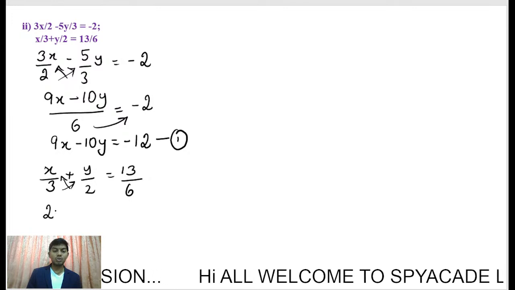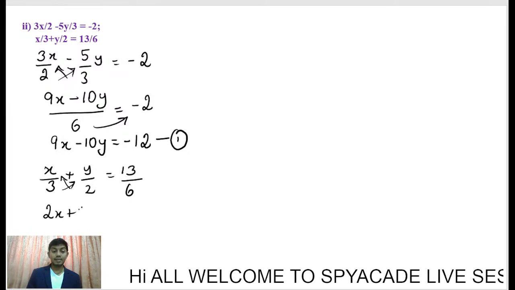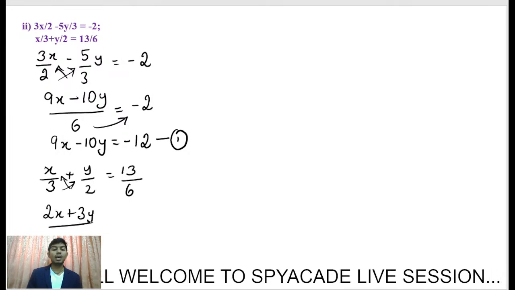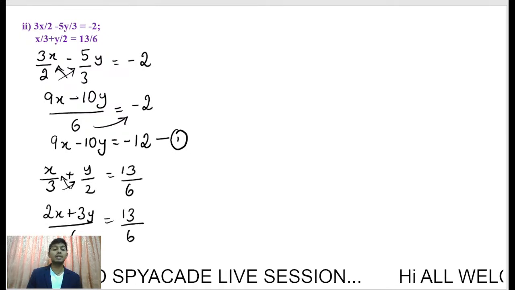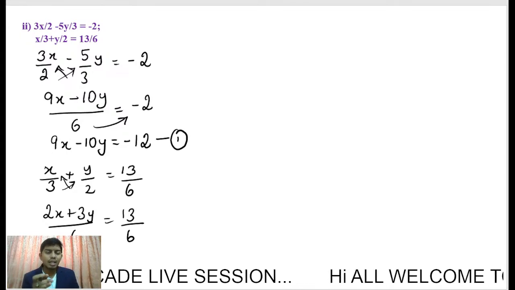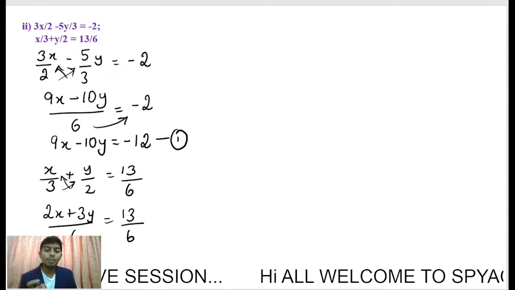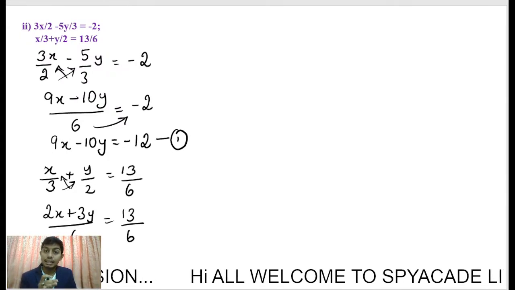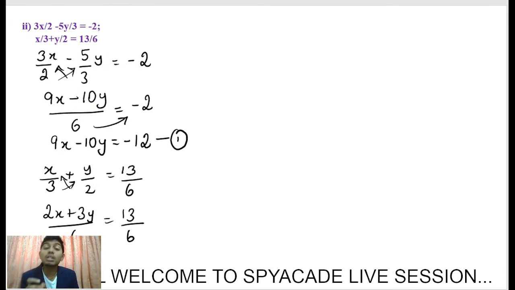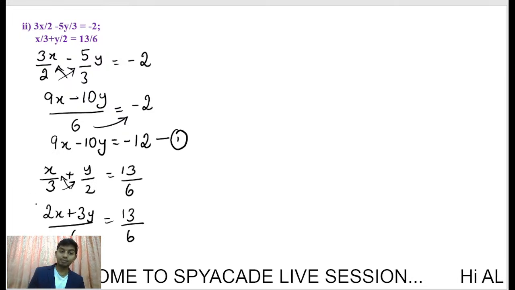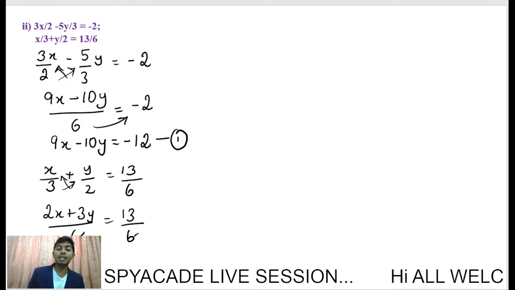So you will get 2x plus 3y divided by 6 is equal to 13 by 6. Just to check, before the equal to, the denominator is 6. Same way, after the equal to also, the denominator is 6. So both the 6s will get cancelled.